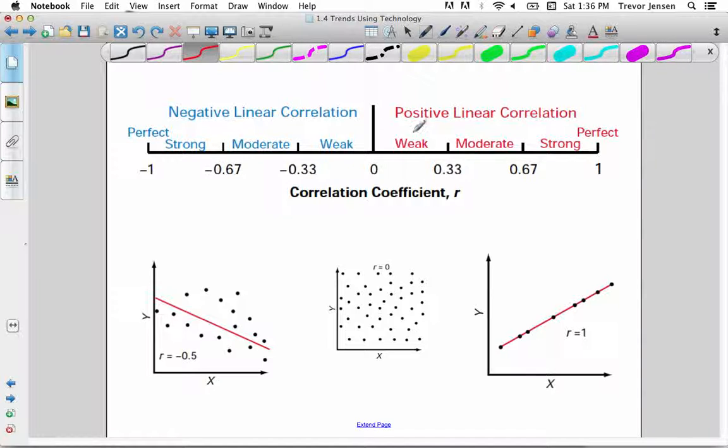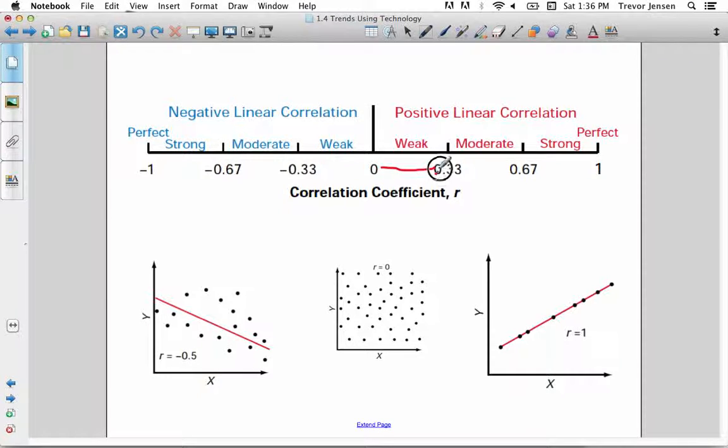So the first third of the values between 0 and 1, from 0 to 0.33, we have a weak positive linear correlation. The middle third of the values, from 0.33 to 0.67, we have a moderate positive linear correlation. And then the highest third of values between 0 and 1, from 0.67 to 1, we have a strong positive linear correlation.